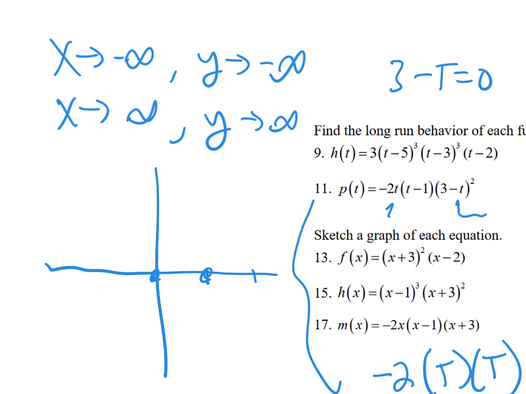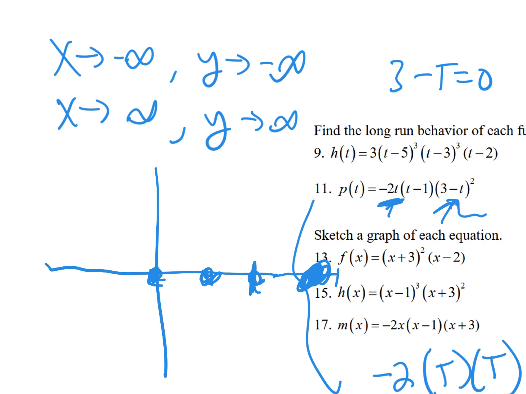So it crosses at 0, 1, and 3. We'll pretend 3 is right there. And I know the y-intercept's also 0 because if t equals 0, the whole thing's 0. And I see there's a multiplicity 2 at the 3, right?